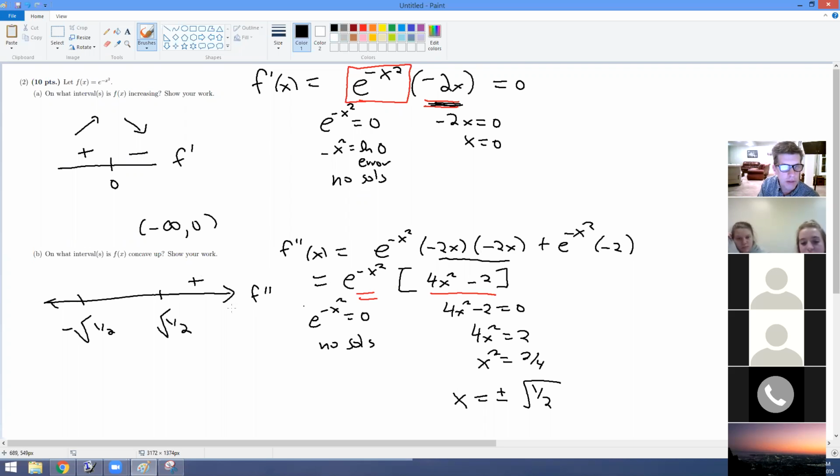If I give me something between negative root a half and root a half, plug in 0. The second term will be 0 minus 2, so it's negative. And then plug in -1, back to positive. Okay, so concave up, negative, concave up. Negative infinity to negative square root of half, and then also from square root of half to infinity. Good? Questions on that?